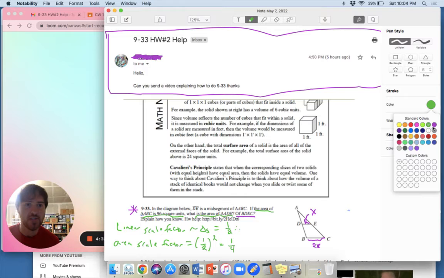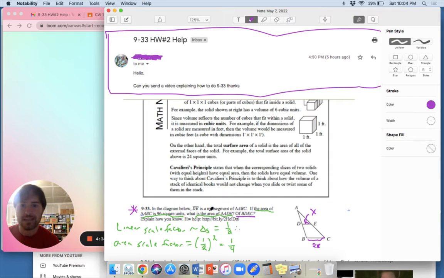So the way that I solve this problem, at least to get the area of triangle ADE, is, well, triangle ADE is the small guy there. So the area of triangle ADE is going to be in a 1:4 ratio with the area of triangle ABC. So I can put what the area of triangle ABC represents down here, which is 96, and I can go ahead and solve this.